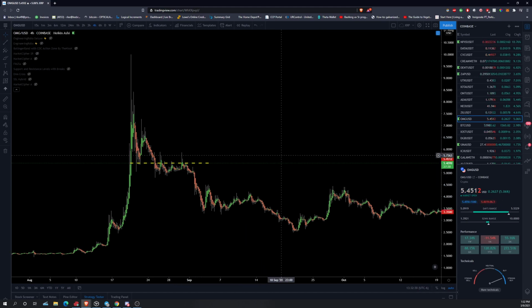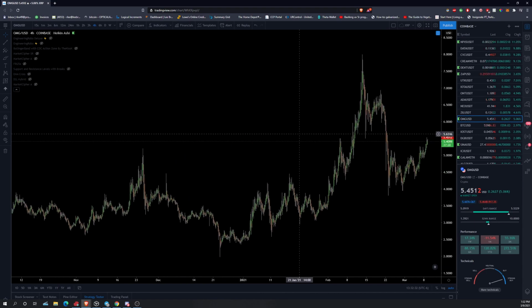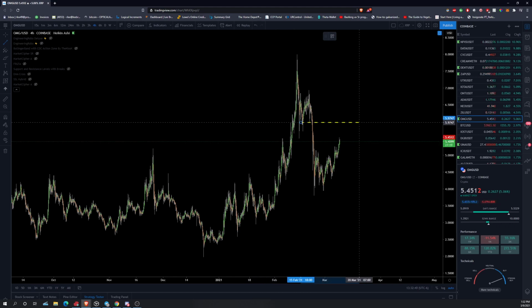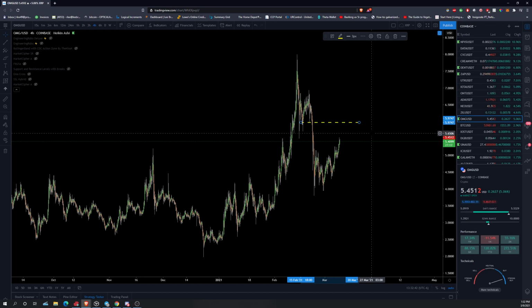So for people holding on OMG, that's all you're waiting for. Once it breaks that resistance, we're going up pretty good. Wherever this would be, maybe right here. So there's your next stop. It's going to be about $6. And then from there, I don't know, somewhere in here.